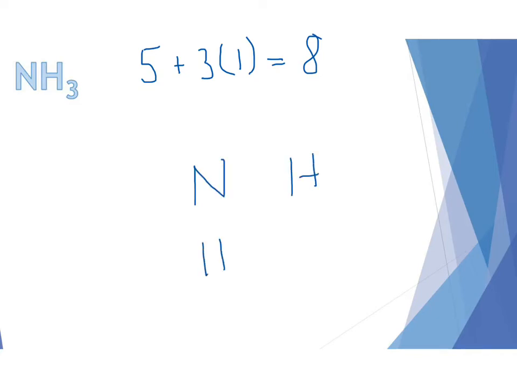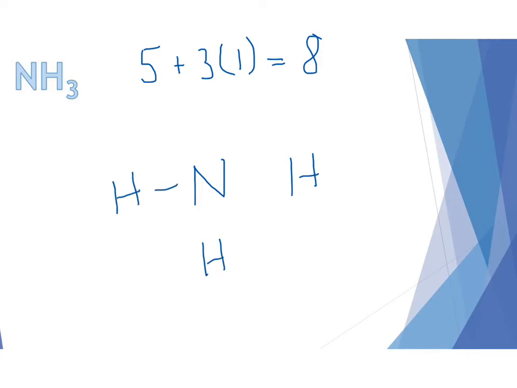Here we have nitrogen trihydride, or ammonia. So if we look, nitrogen is in group 15 of the periodic table. That means it has 5 valence electrons. We have 3 hydrogens, and each hydrogen has 1 electron. So we have a total of 8 electrons. So we begin by putting nitrogen in the center, and the 3 hydrogens arranged fairly evenly around.